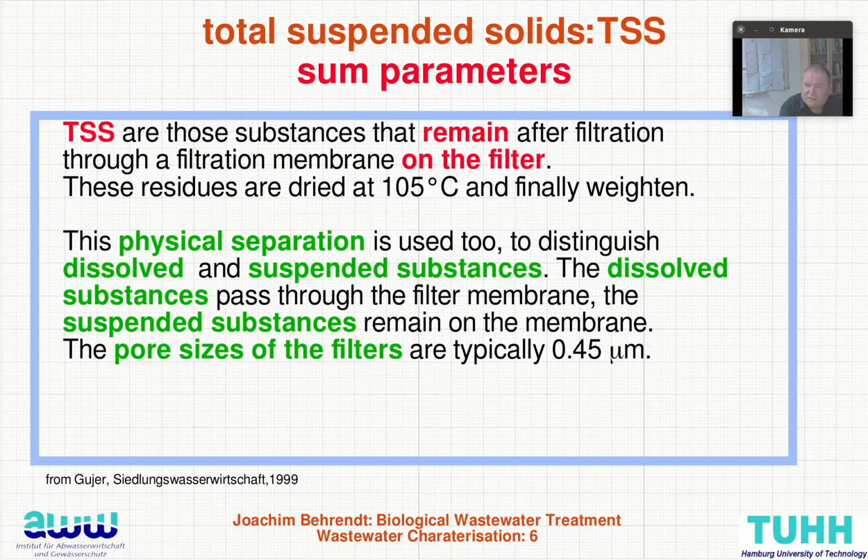These are those substances that remain in the filter after filtration, and the filter is then dried at 105 degrees centigrade and weighed, as it was before. From the difference we know the mass of suspended solids that are separated, and divided by the filtration volume we can calculate the concentration of total suspended solids.